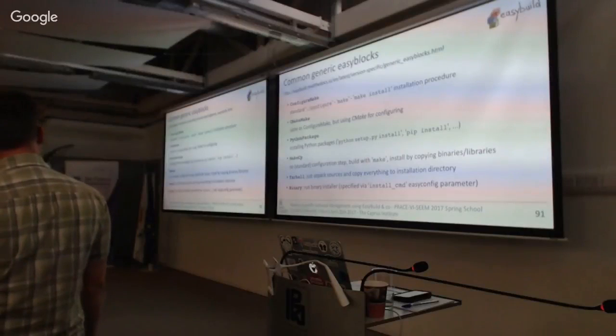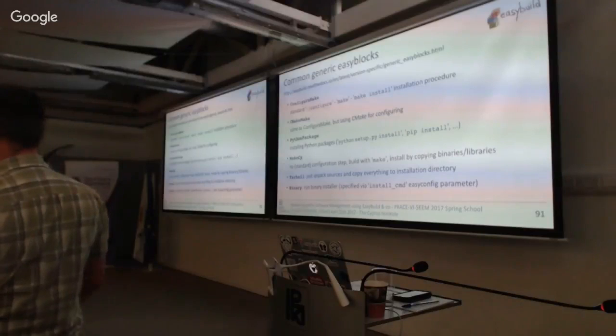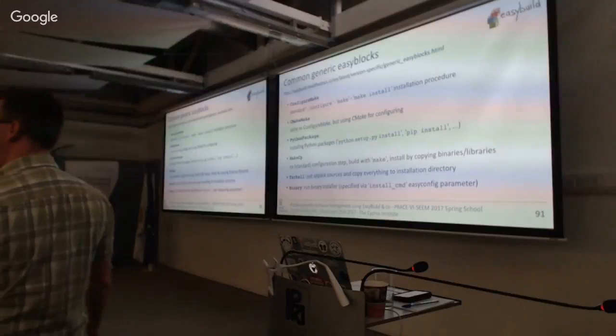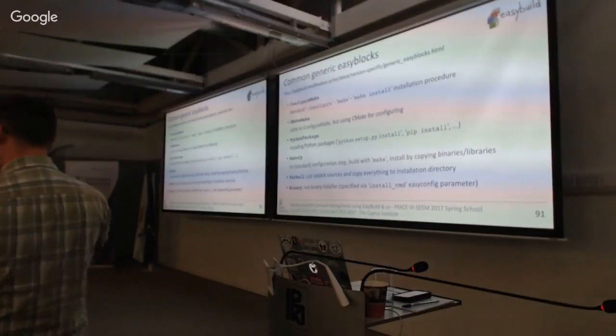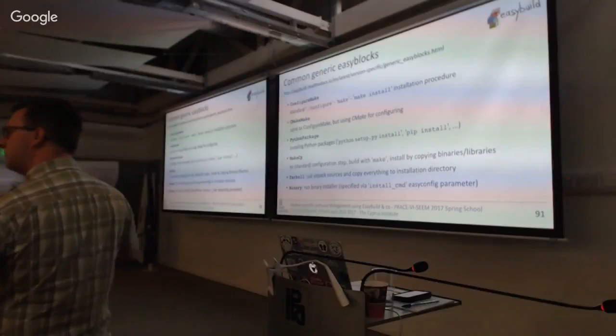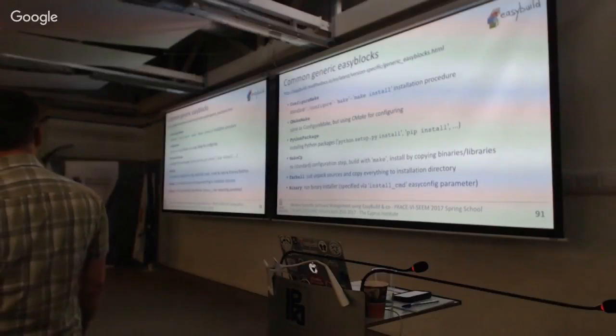MakeCp is used a lot for bioinformatics software. It doesn't have a configure command. It has a makefile, but they don't have a make install target, so you just run make, and typically you want to copy the binary to bin directly. It's nice and clean. Maybe also copy some other example files.